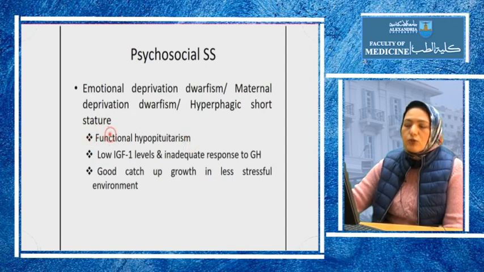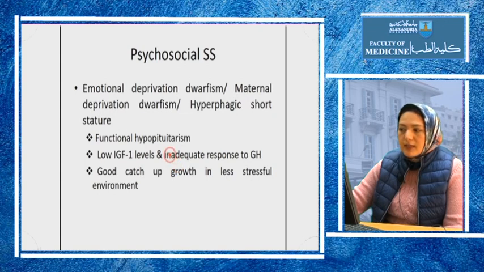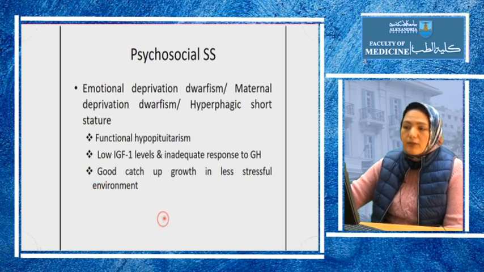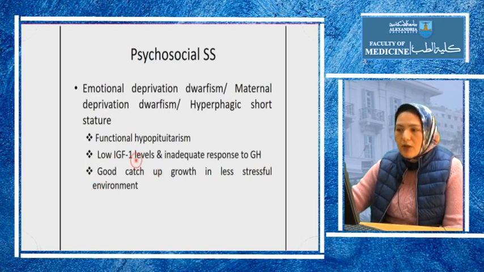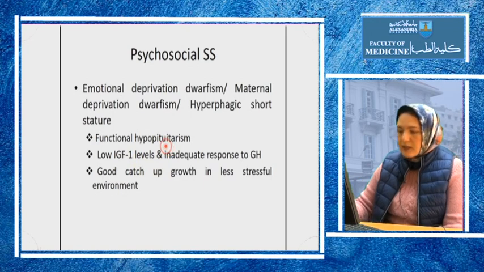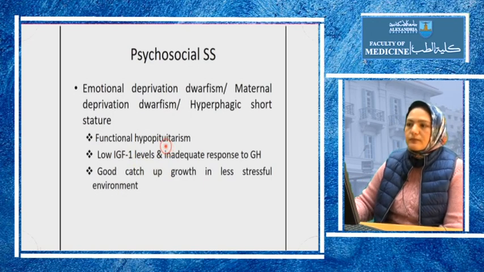These patients have low levels of IGF-1 and inadequate response to growth hormone, so their growth or height may be affected. Later on, with improved environmental conditions and good psychotherapy, the patient catches up growth and attains normal height.